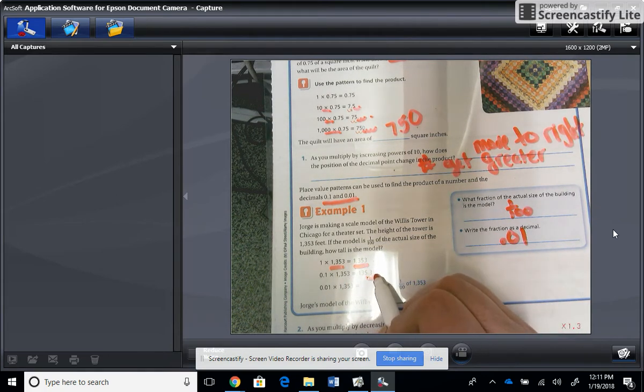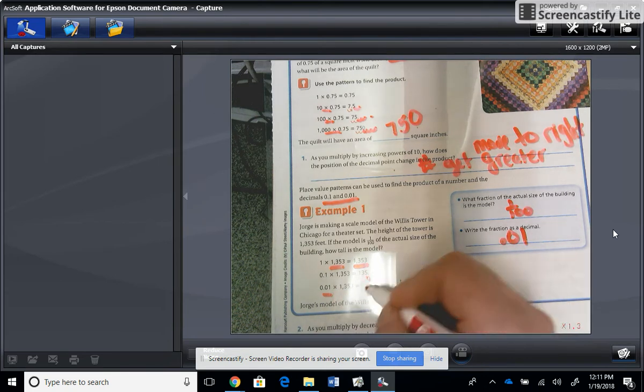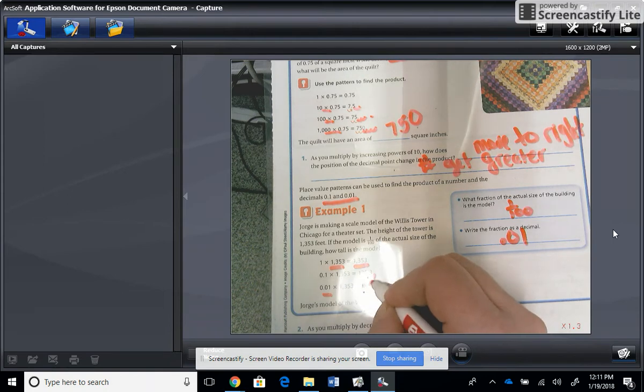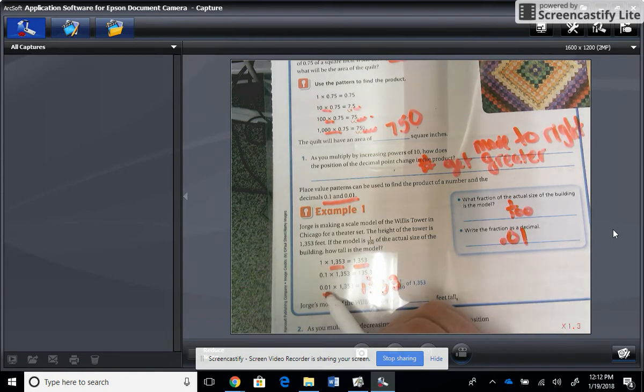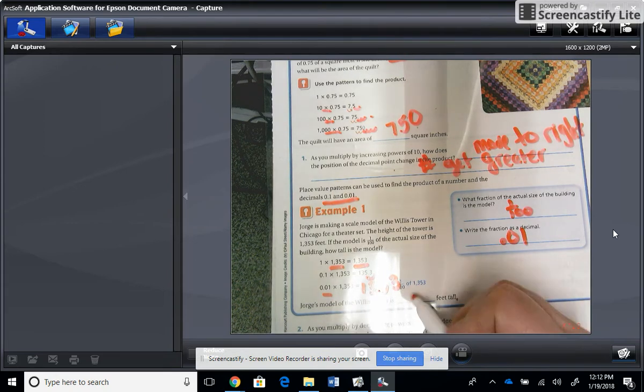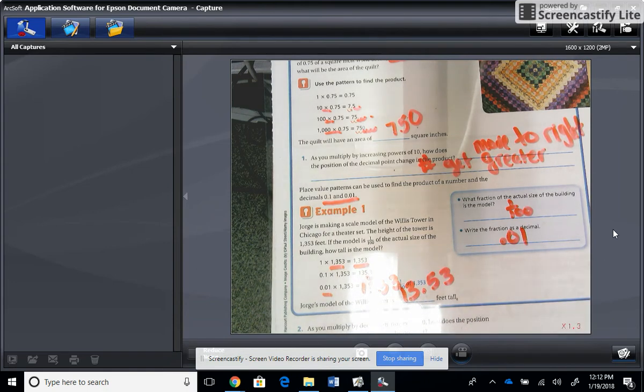My number got smaller. So if I have it times 1/100th, which is 2 place values, times 1,353, I know I'm going to use those same digits, so I'm just going to write them. And I know my decimal is going to move 2 place values, 1, 2. It is 13 and 53/100ths feet tall.